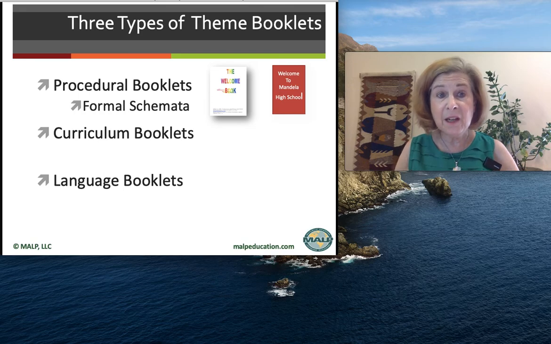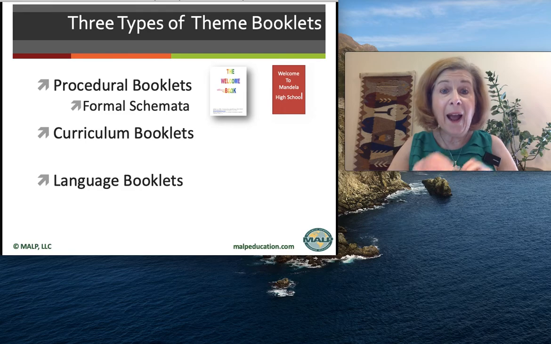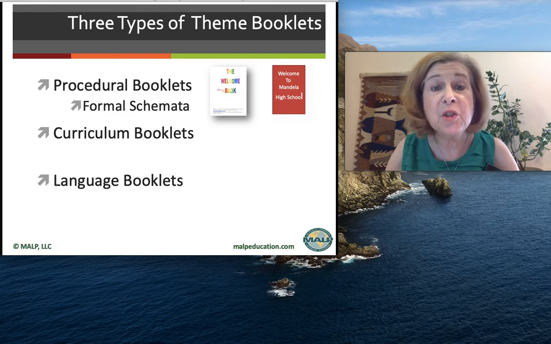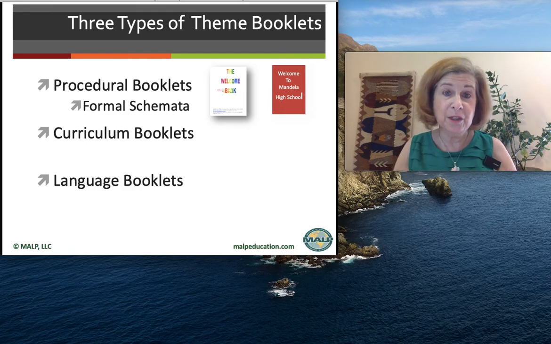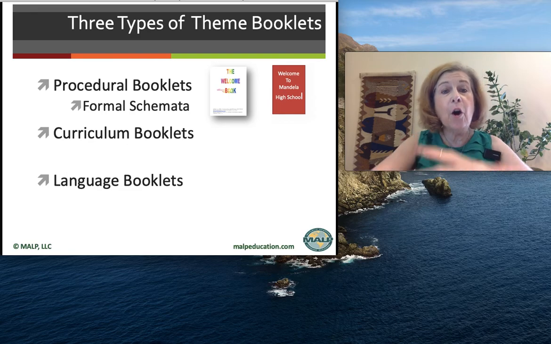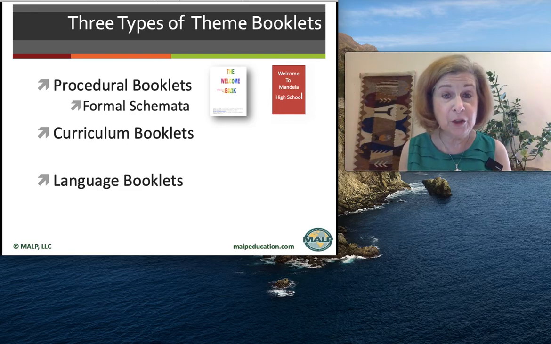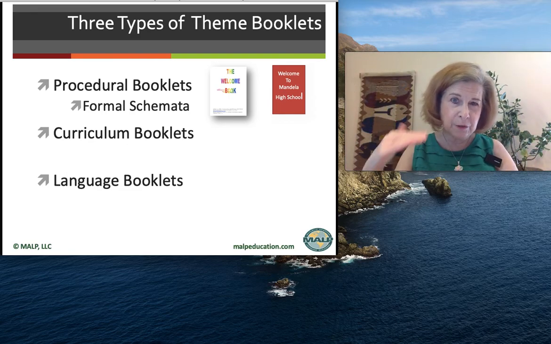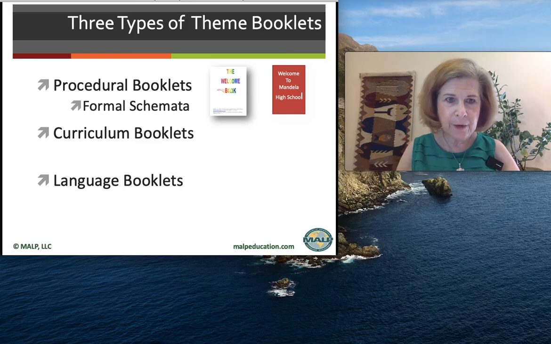In this case, the formal schemata for procedural booklets is how to do something specific at school. Procedures, specific things that you learn to do when you're a student at school, not the overall paradigm of education. So there are kind of 2 levels of formal schemata, all right?